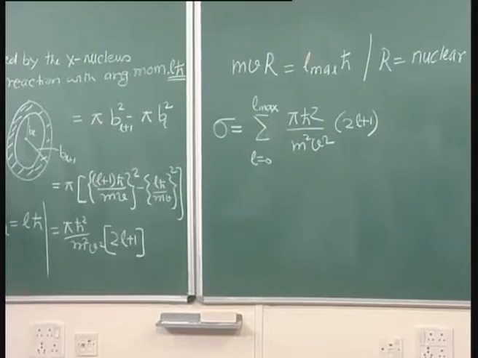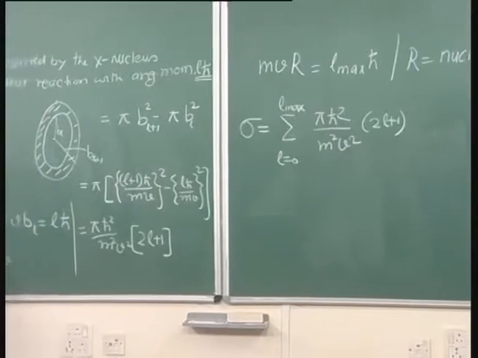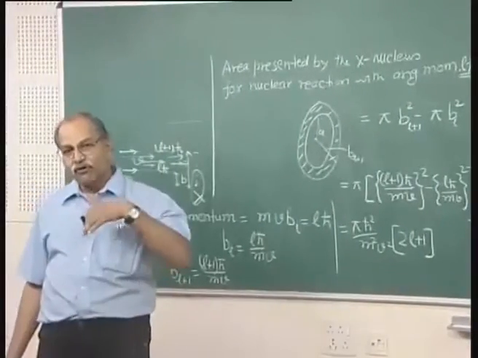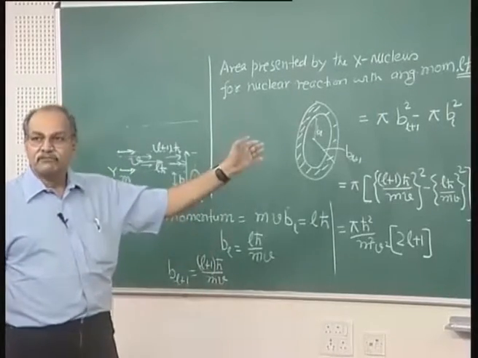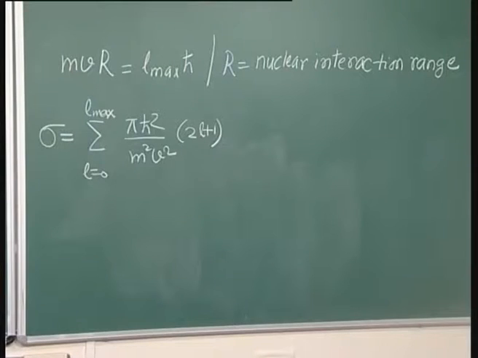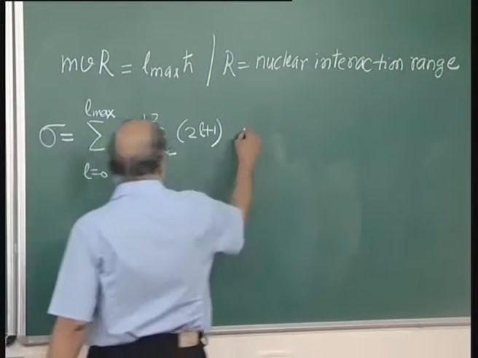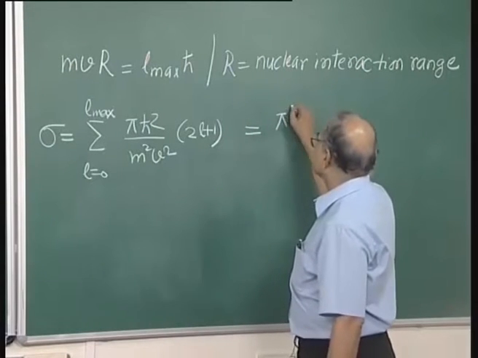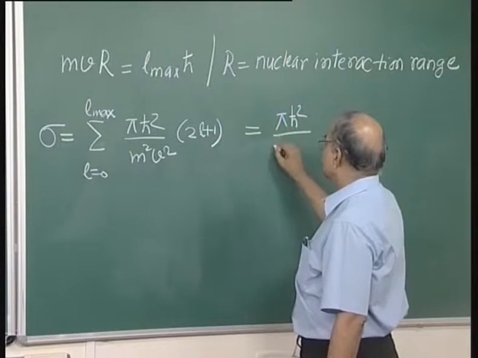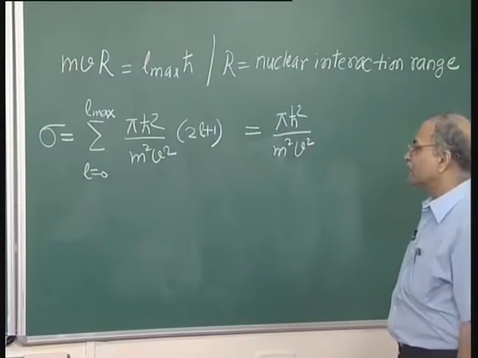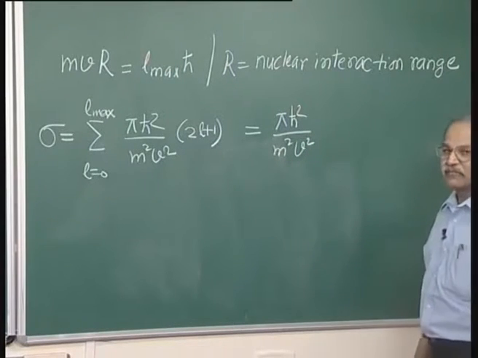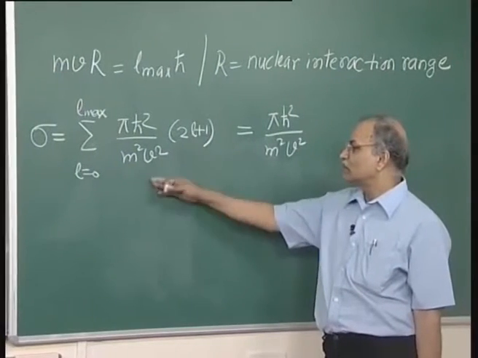Okay, that is the total area presented by the nucleus for nuclear reaction with different values of L starting from L equal to 0 to L max, and this quantity is pi h cross square by m square v square, and this is just an arithmetic series, 2 L plus 1, L equal to 0.